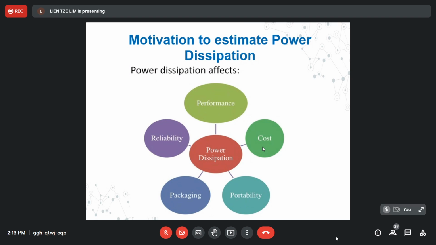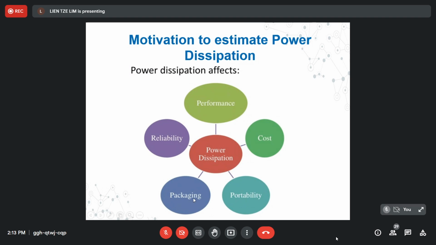Okay, and about performance and reliability. If a device dissipates high power, it means that it will reduce the lifetime of the device. So if the device has high power dissipation, it is not reliable, and it could also result in low performance.